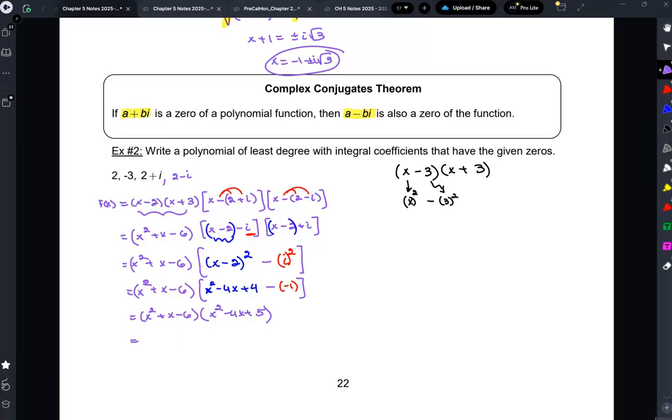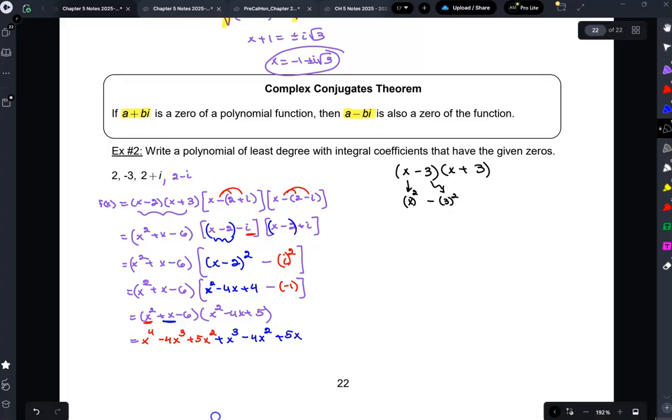So first, I'm going to distribute an x squared to everybody. So that's x to the 4 minus 4x cubed plus 5x squared. Then a plus x to everybody. Then a negative 6 to everybody. Then combine like terms.